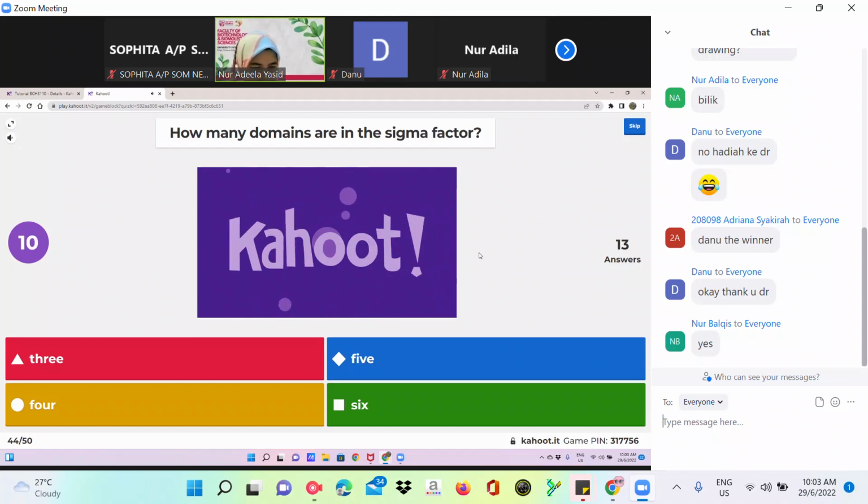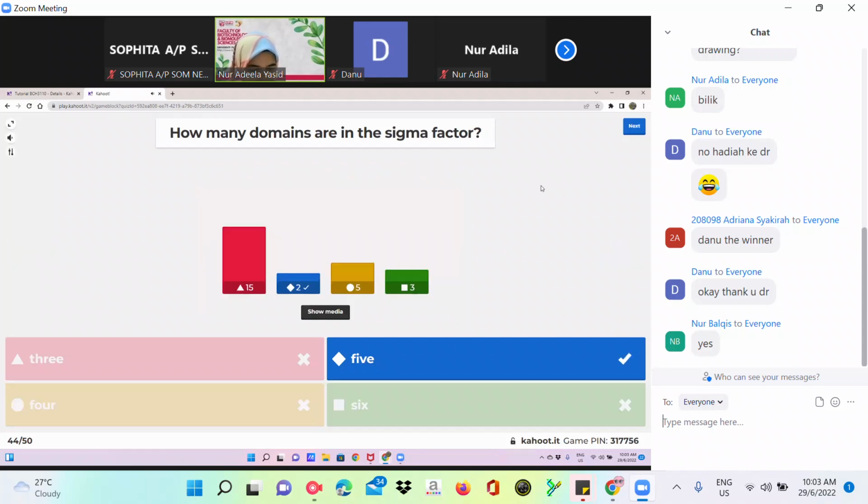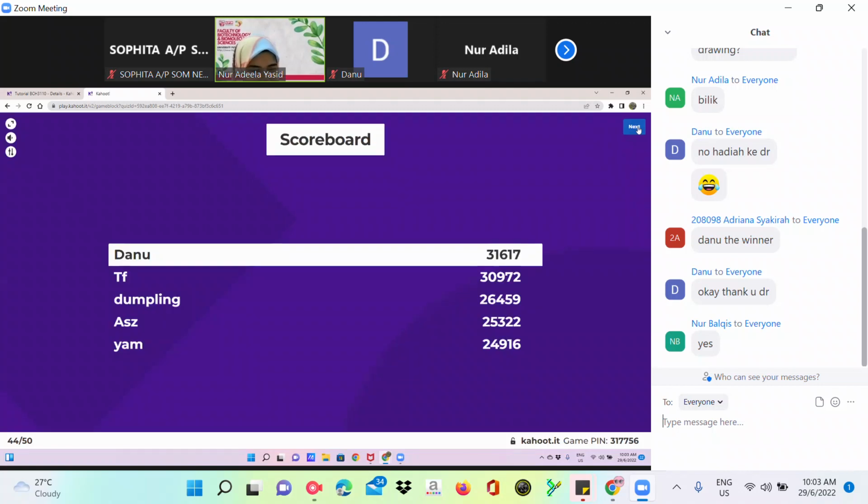I'm not sure whether I discussed this point dalam lecture ke tidak. Okay, so the answer is 5. Tak apalah, this one is extra information for you. Mungkin saya tak discuss dalam kelas. On the structure of the sigma factor itself, it has 5 domains basically.